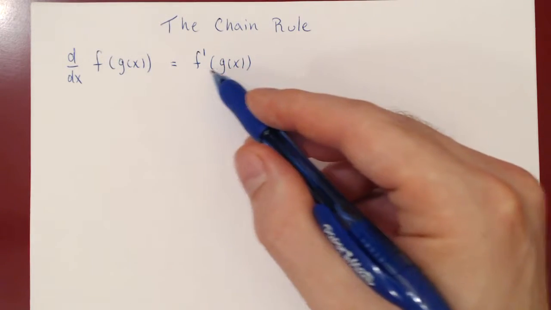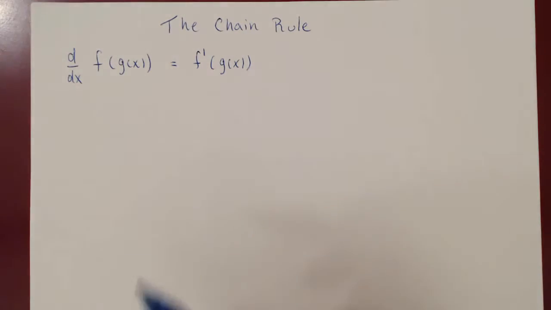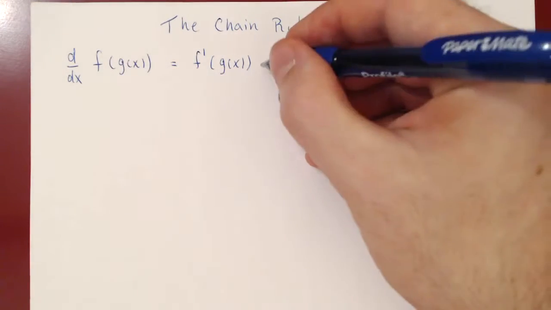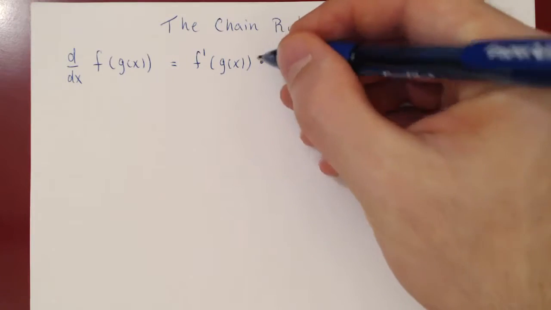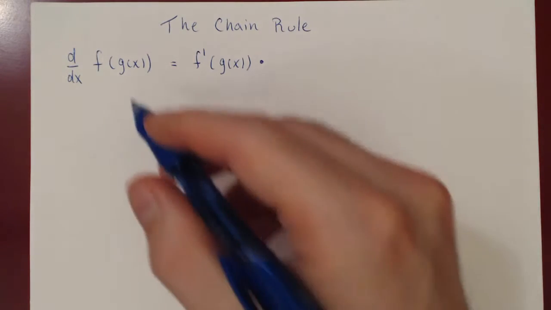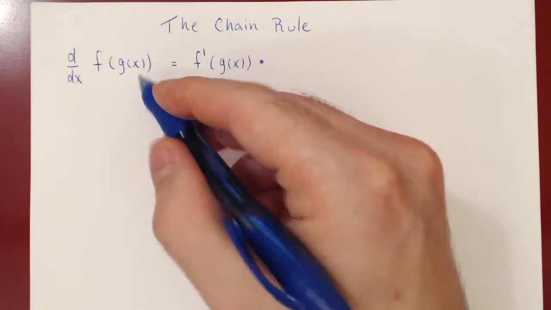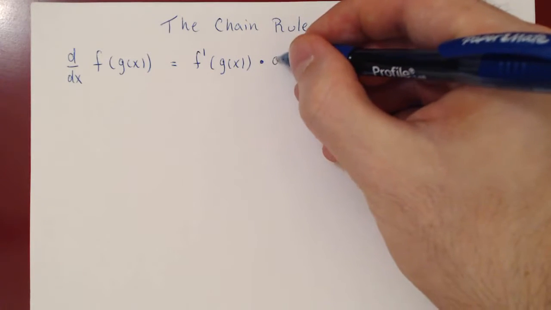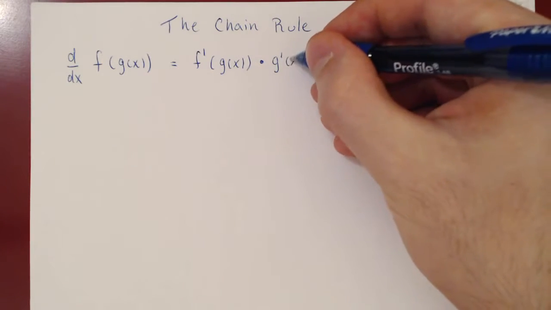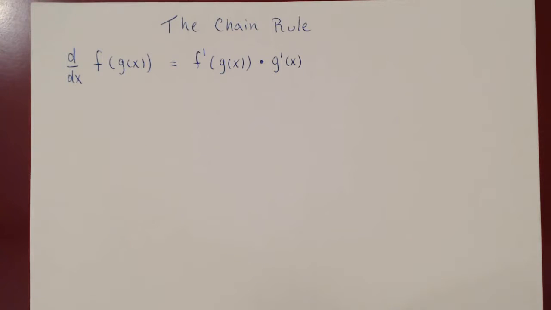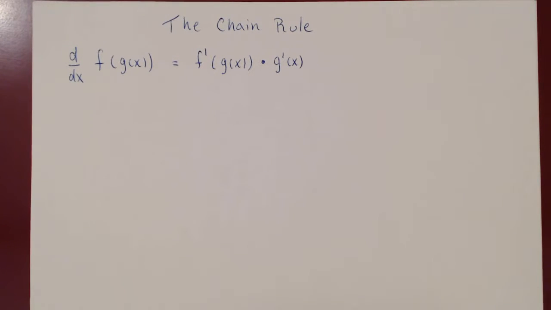So you've just peeled the first layer off of your onion, and now you repeat, times the derivative of what's left over. Well, what's left over is g of x, so times the derivative, g prime, of x. And that's the chain rule. So always think of it as you differentiate the outside function and you work your way towards the inside, one derivative at a time.